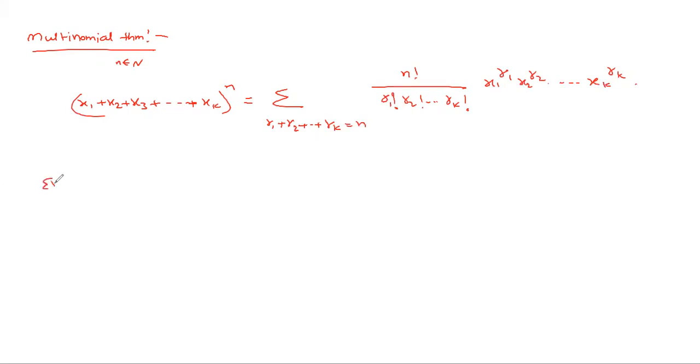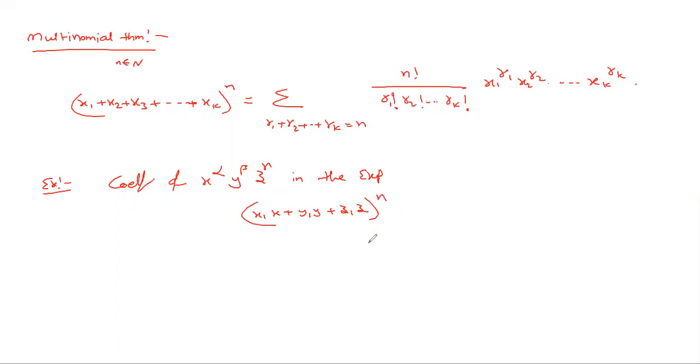For example, the coefficient of x^alpha y^beta z^gamma in the expansion (x1 x + y1 y + z1 z)^n, where x1, y1, z1 are any constants and n is a natural number, will be, in the first case, 0 if alpha + beta + gamma is not equal to n.